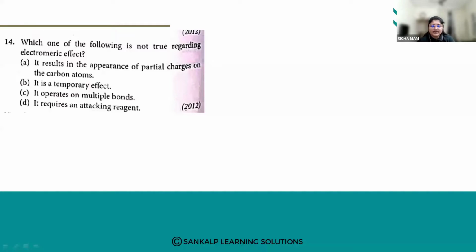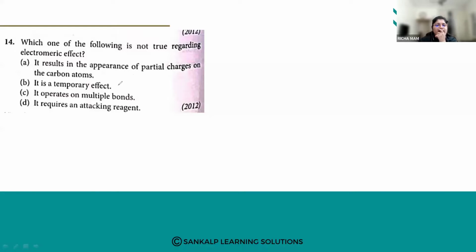So that is a complete transfer of electrons, right? The effect involves the complete transfer of the shared pair of electrons to one of the atoms joined by a multiple bond, and there is a requirement of an attacking reagent also. So this is called the electromeric effect, and this effect is a temporary effect.